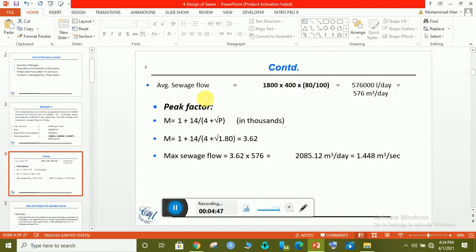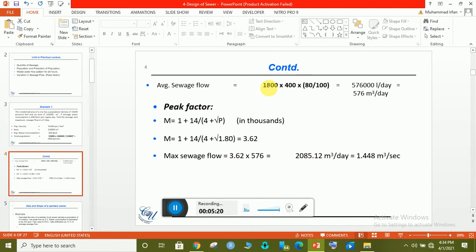Now this is the average flow, and we want to calculate the peak factor, which is required in the design of any type of sewer for the estimated sewage quantity. So suppose we call the peak factor m, and the formula is 1 plus 14 divided by 4 plus under root p, where p is the population in 1000.